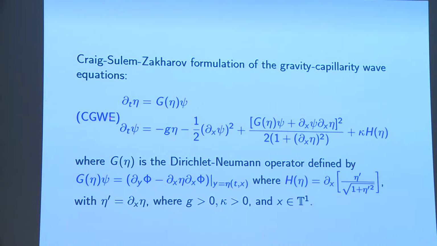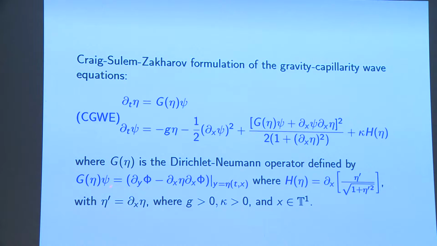So the first equation in that system is dt eta equals G of eta psi, where G of eta is the Dirichlet-Neumann operator, which is defined in the following way.